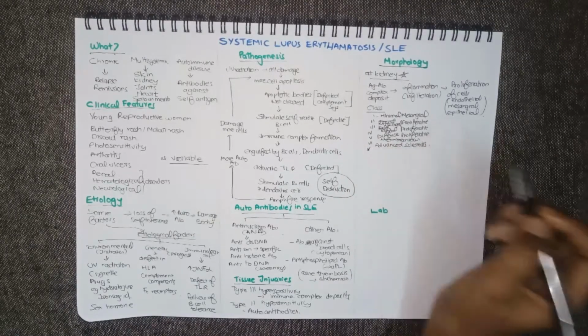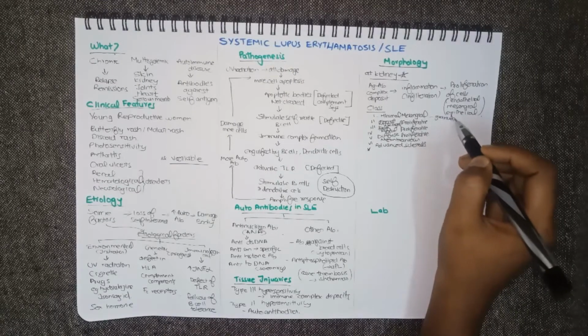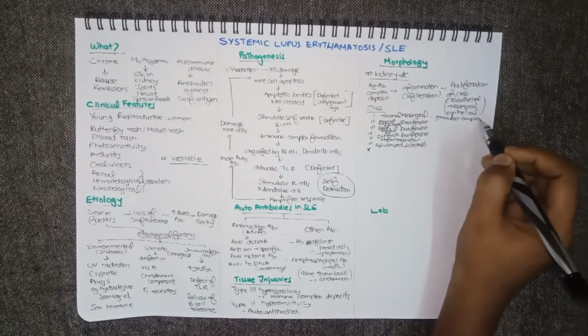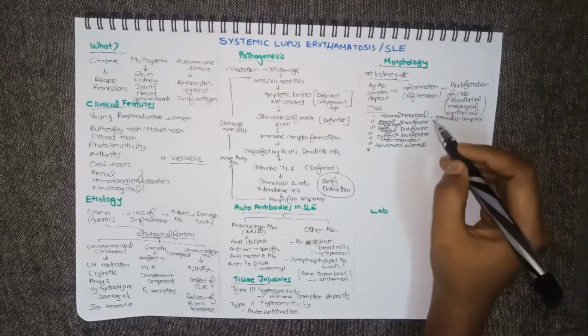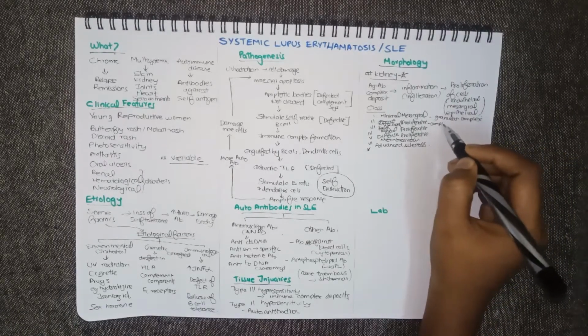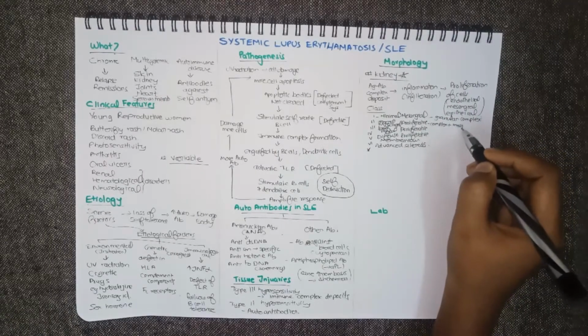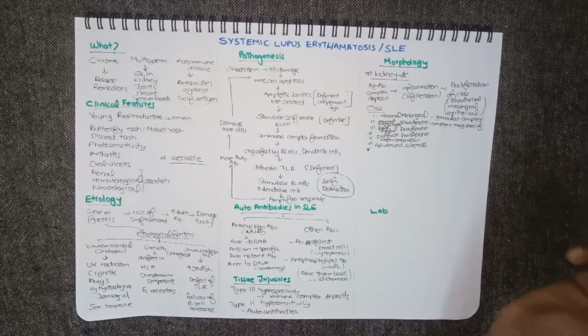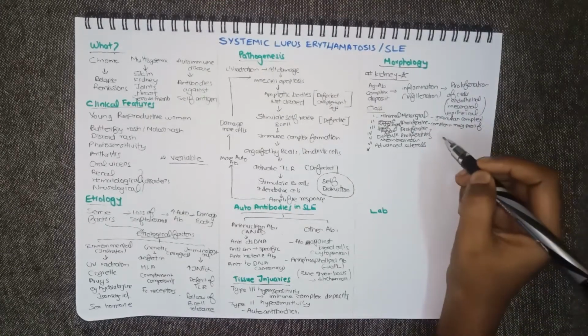In minimal mesangial, there is granular complex deposition in the kidney. When it comes to mesangial proliferative, it includes the complexes, and along with that there is mesangial proliferation.